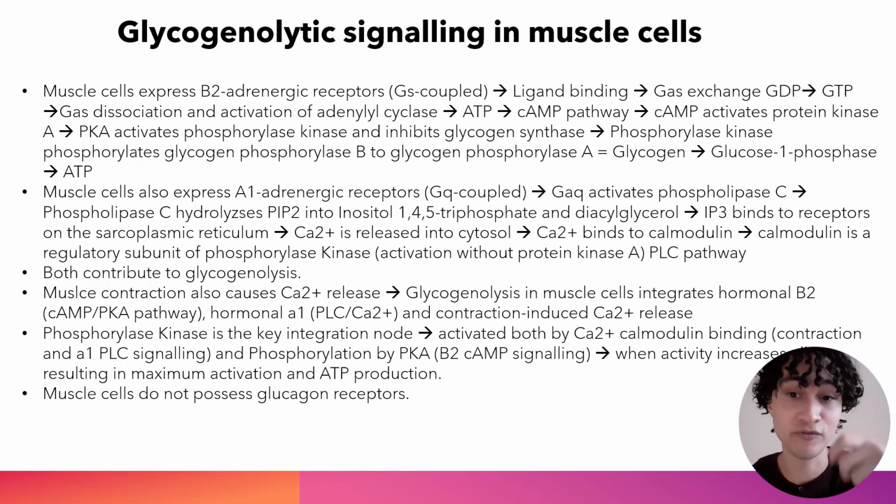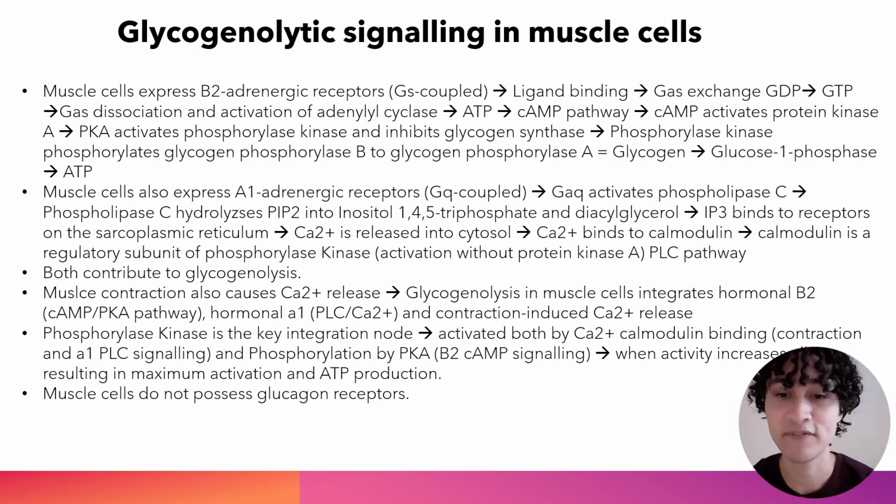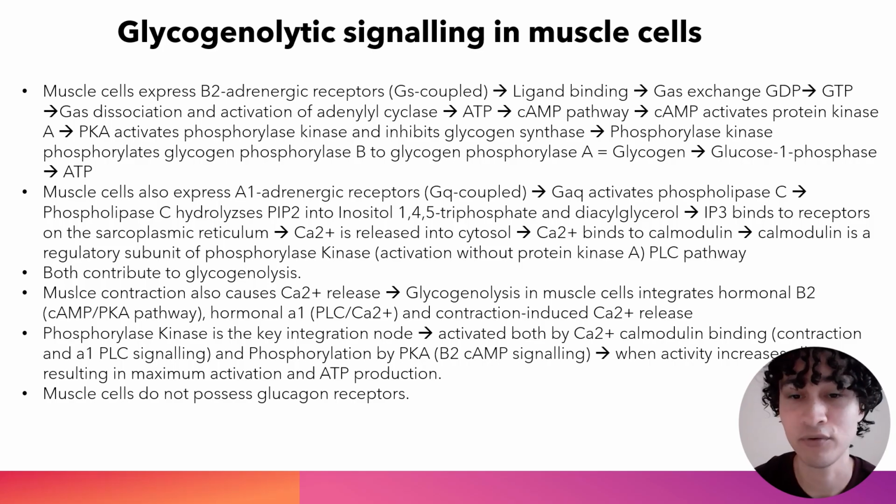Now, of course, as I said before, you have the alpha adrenergic receptors, which are GQ protein coupled receptors. Again, structurally they have that 7 transmembrane domain, and they have that intracellular heterotrimeric protein complex with the alpha, beta and gamma subunits, and it is still the alpha subunit that is bound to GDP.